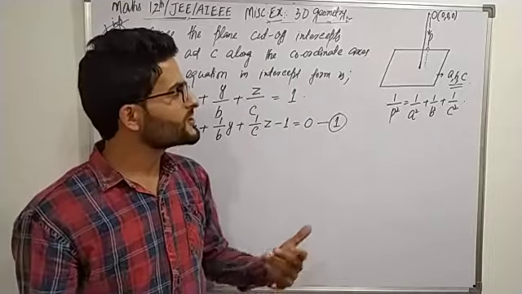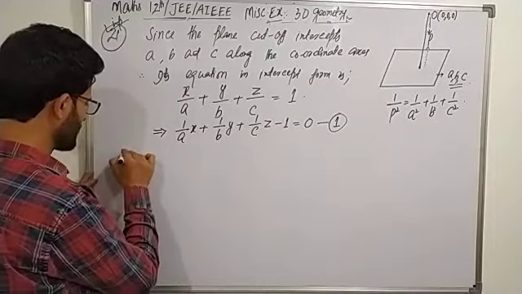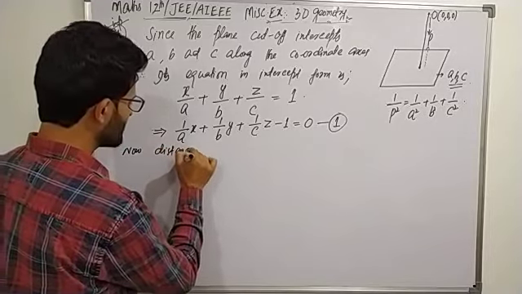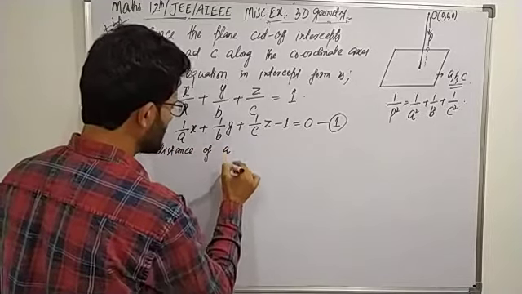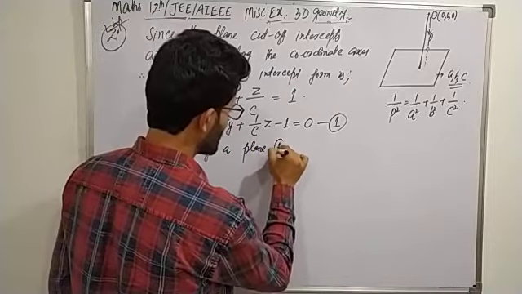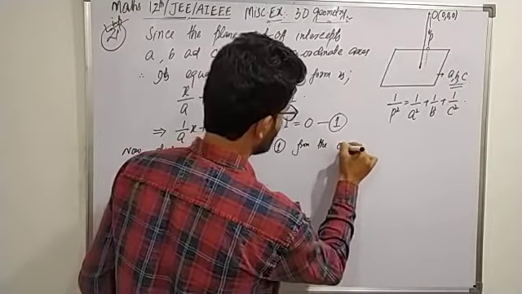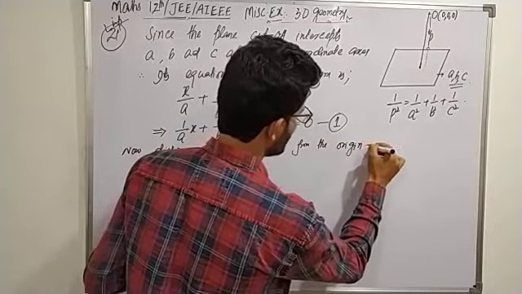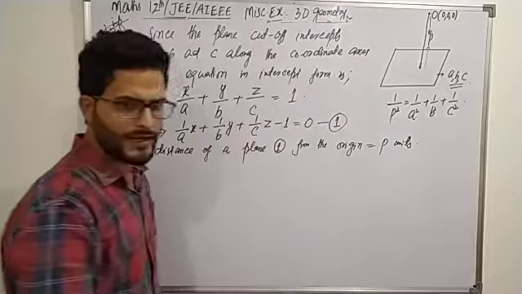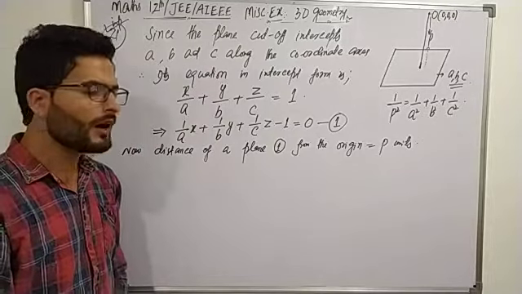The distance of the plane from the origin is equal to p units.